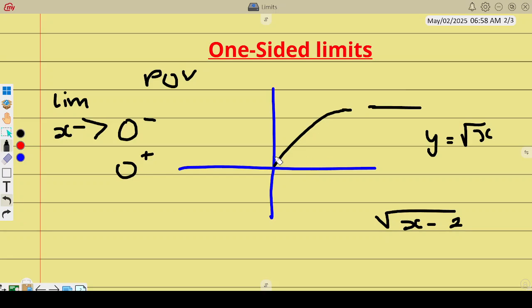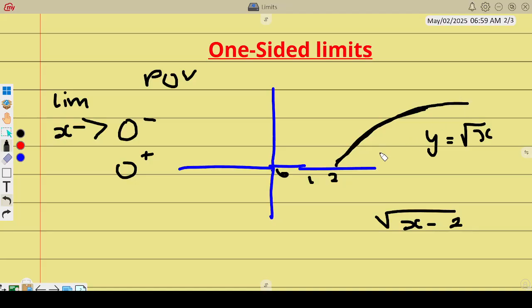The graph of root x minus 2, from functions part 1, what we looked at in semester 1. Oh, that was graphs of functions. So it would be somewhere here. I'm just doing some rough work. So this is 0, 1, 2. It starts from here. It goes there.